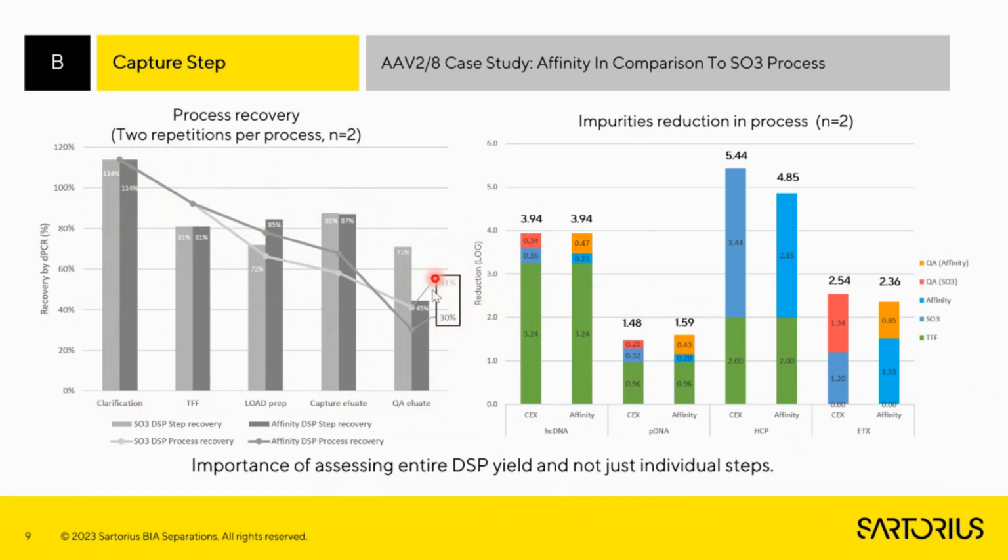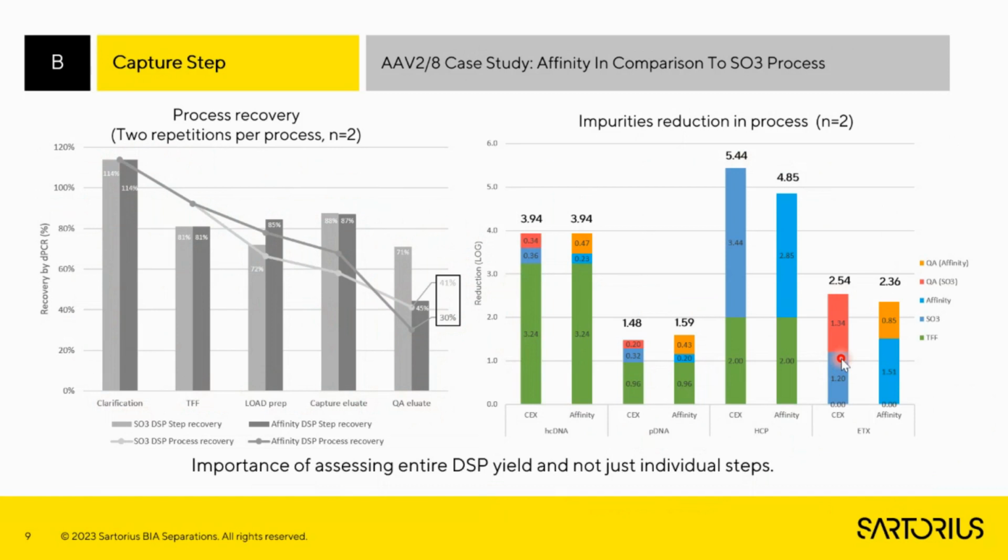That brings us to a total of 10% difference, with 30% process recovery for the affinity and 40% for the SO3. Those 10% really play quite an important role when you have a large batch of material. It means more doses could be achieved from the same batch.